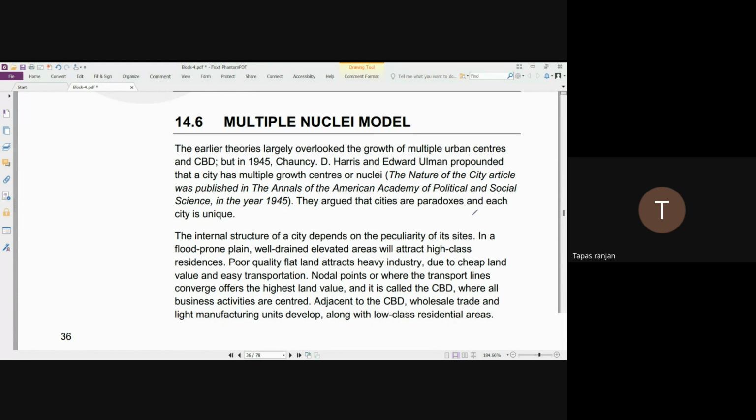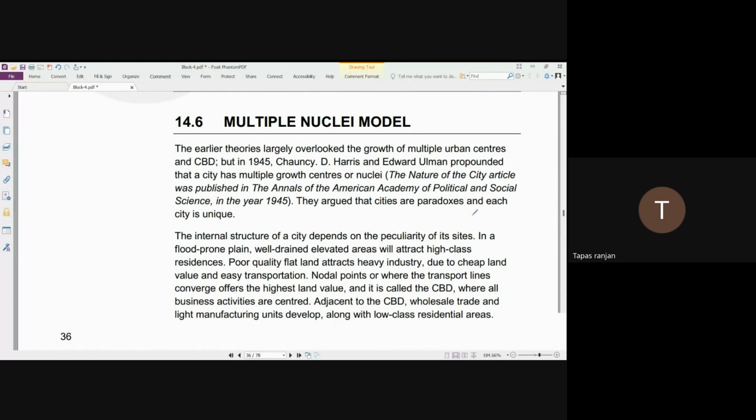Okay, so we have discussed the concentric zone model, the sector model, and we'll be discussing the multiple nuclei model. Now, here you don't find the concept of CBD. Although there is the concept of CBD, it will be represented through multiple nuclei.